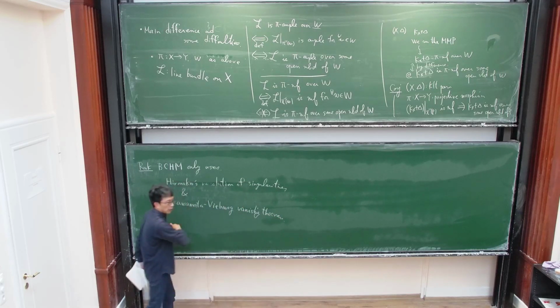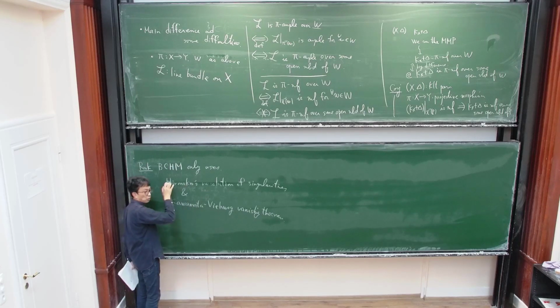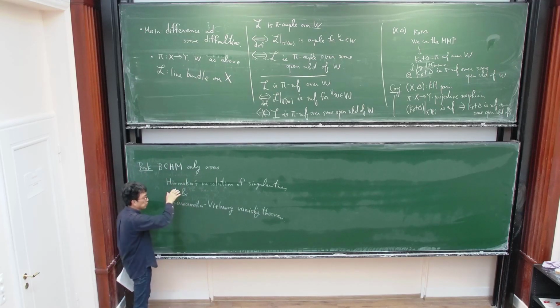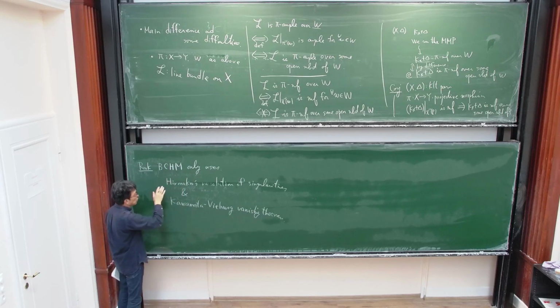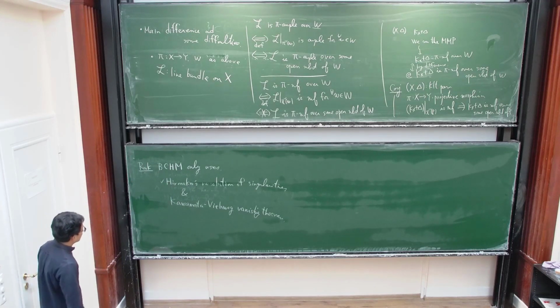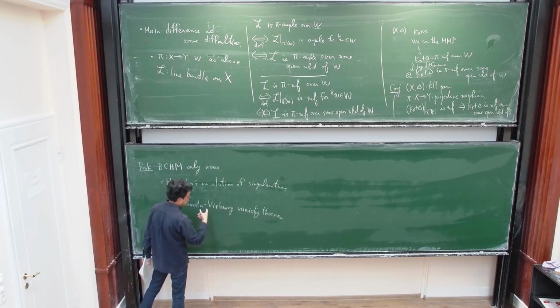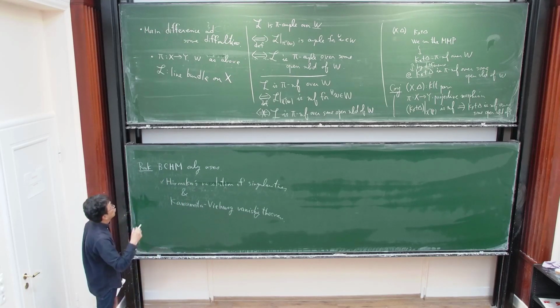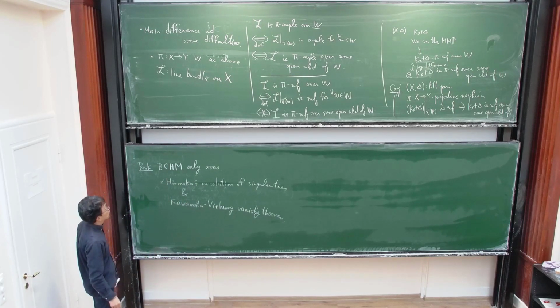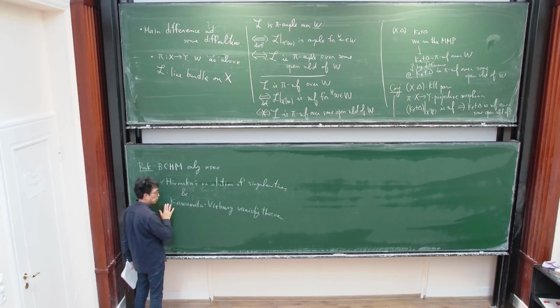We already know Hironaka's resolution holds in the complex analytic setting with some suitable modifications, so we can use it in our setting. The Kawamata-Viehweg vanishing theorem can be generalized for projective morphisms of complex analytic spaces, because we can use the analytic method, Ohsawa's method, for Kawamata log terminal pairs.